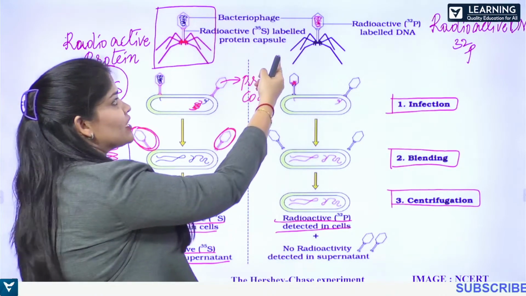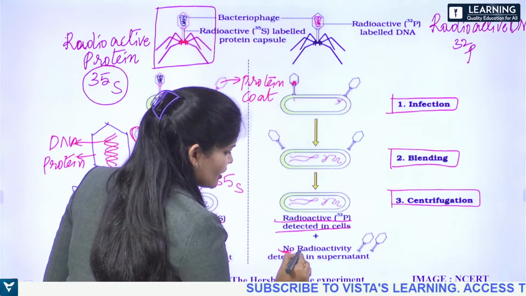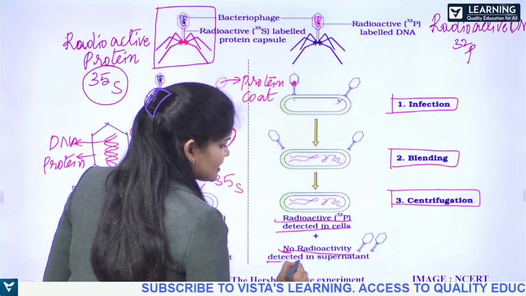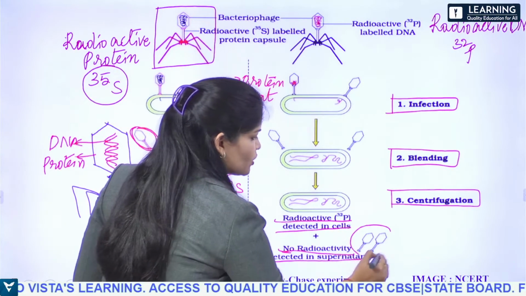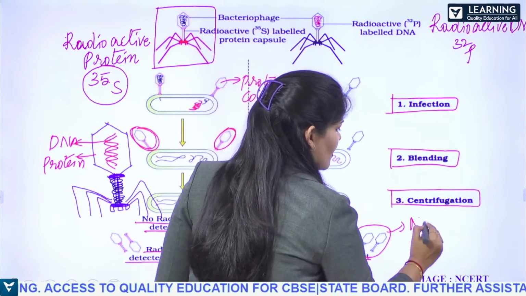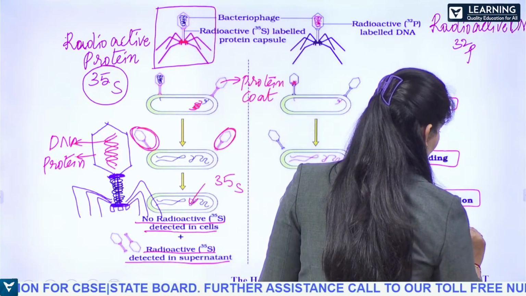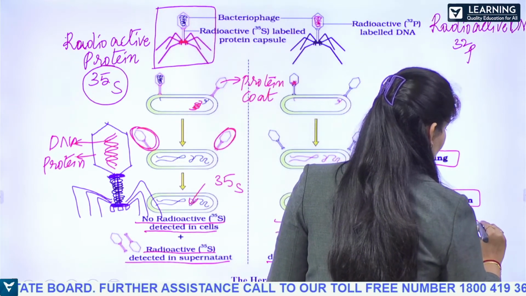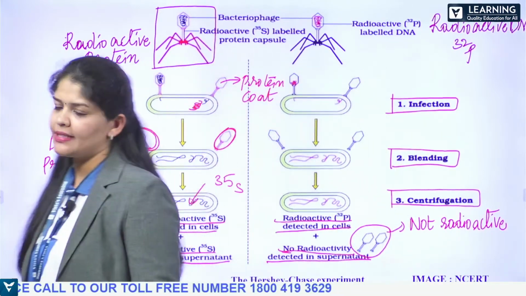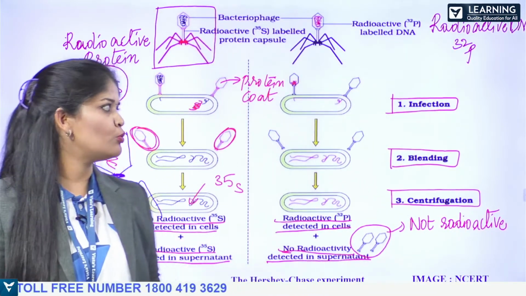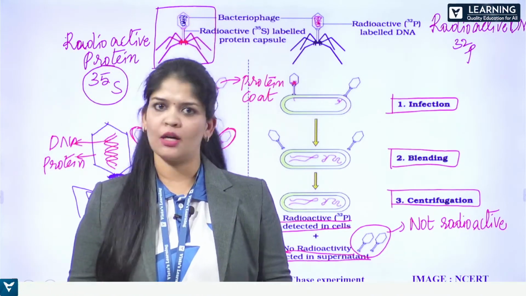The protein coat has no labeling, therefore no radioactivity is detected in the supernatant, because here the protein coat is not radio labeled. So by this experiment, Hershey and Chase concluded that the genetic material is DNA but not protein.